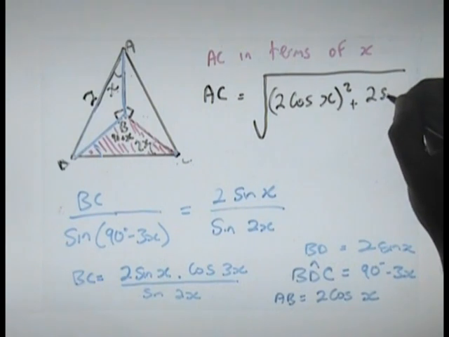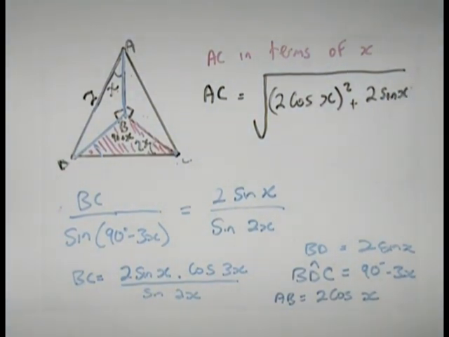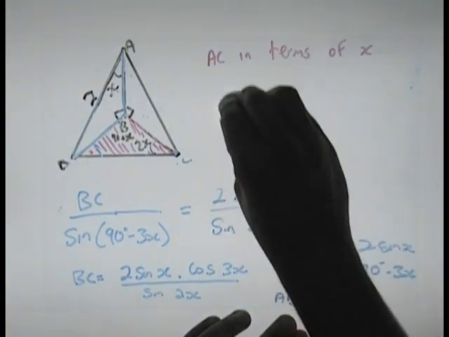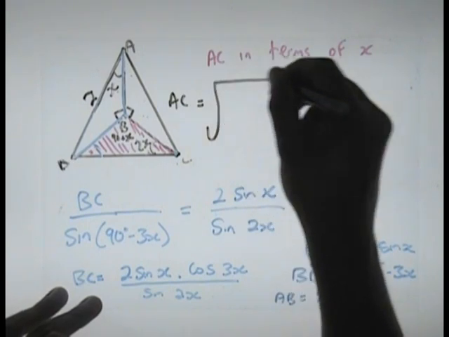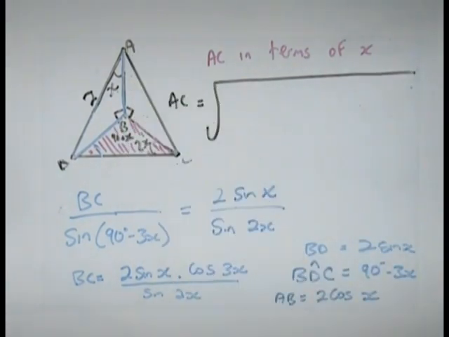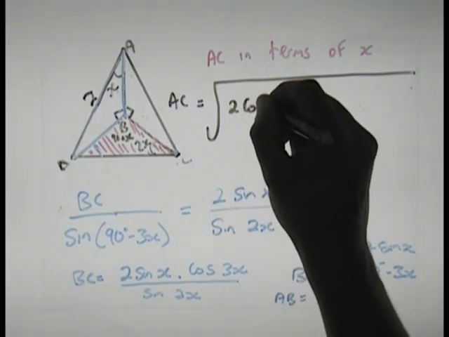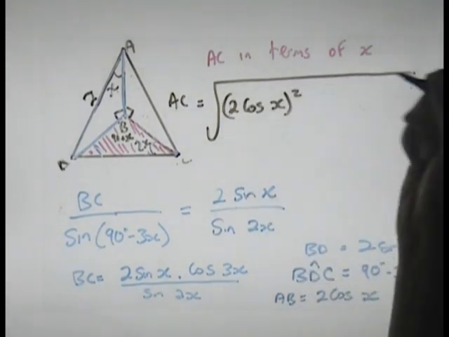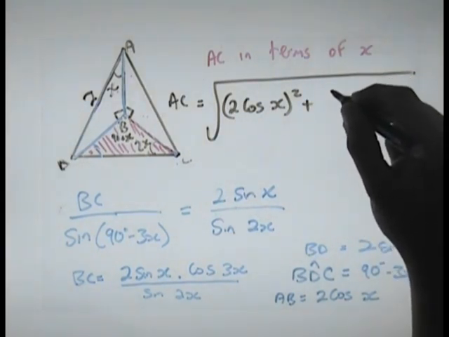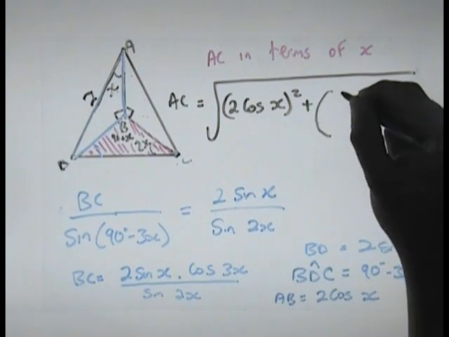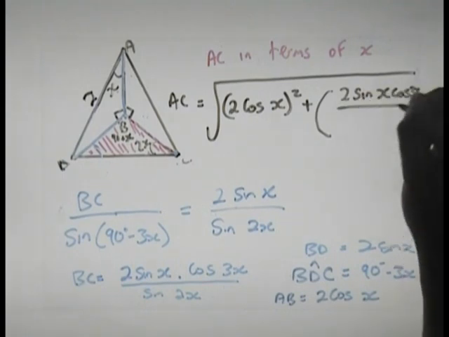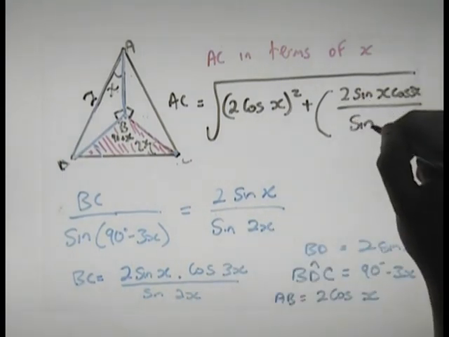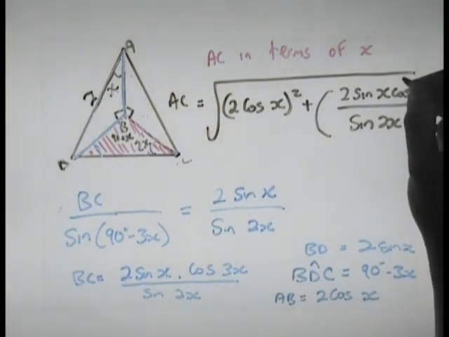Let me write that out clearer. AC, the hypotenuse, is going to equal the square root of AB squared, which is (2 cos x) squared, plus the other side squared, which is (2 sine x cos 3x all over sine 2x), all of that squared.